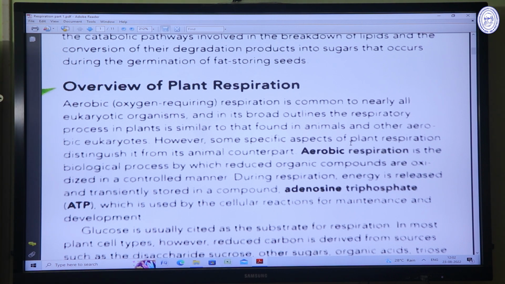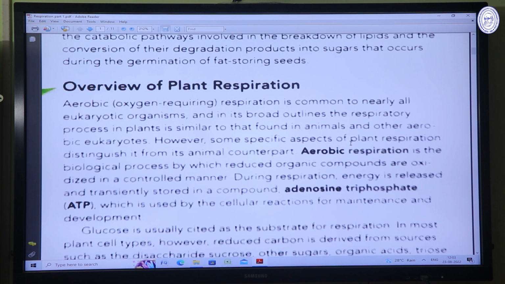I want to say here that the basic outline of respiration in plants, animals or any other eukaryotic organism is more or less the same. There are some differences in enzymatic processes, but the basic outline is the same.